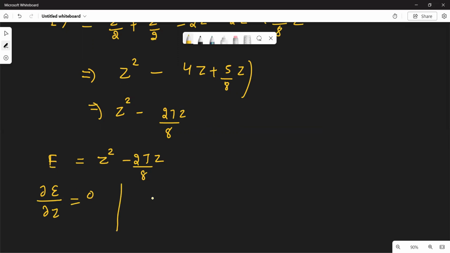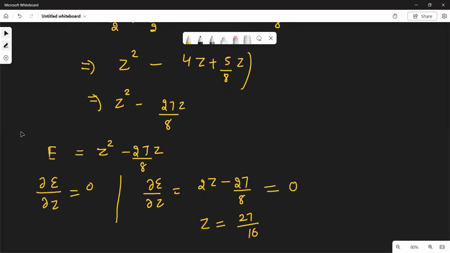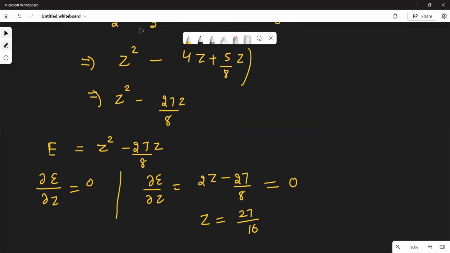So differentiate E with respect to z, you will get 2z minus 27 by 8. Then put it equal to 0. After that, you will get the value of z, which will be equal to 27 by 16.